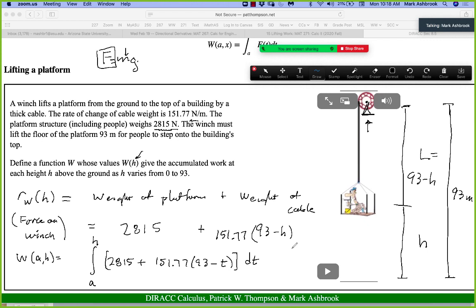All right. Any questions on that? Did we write the work function?